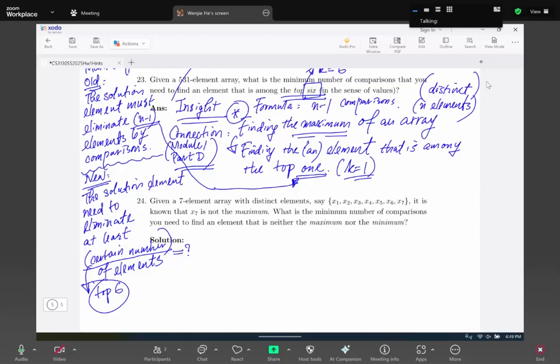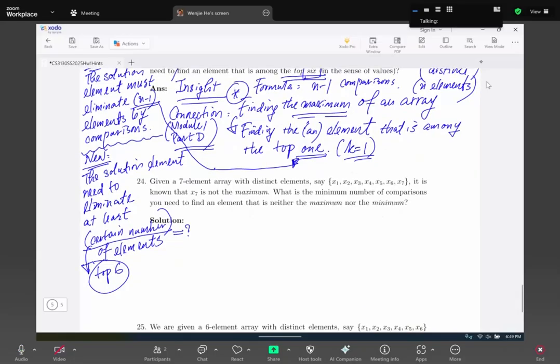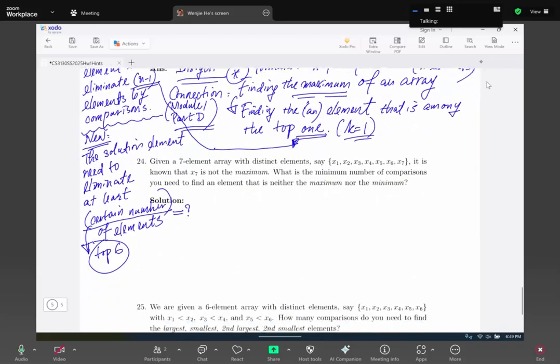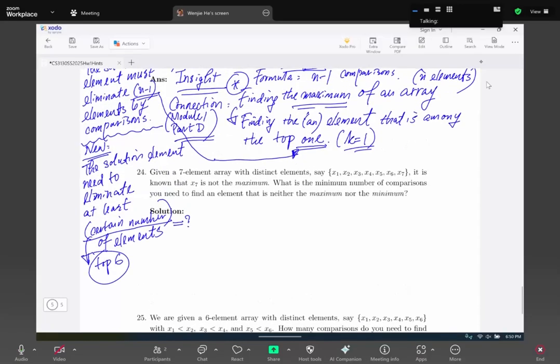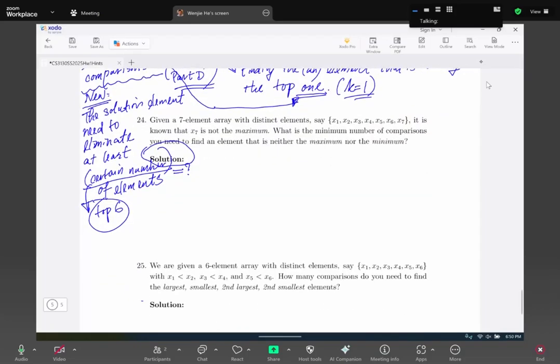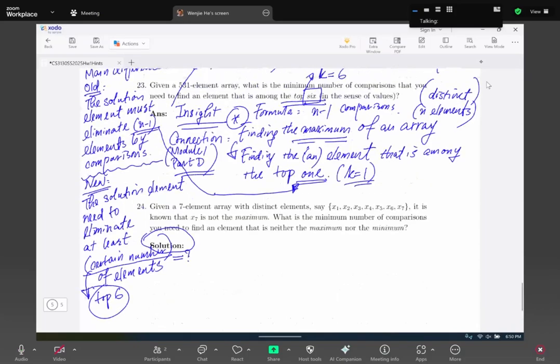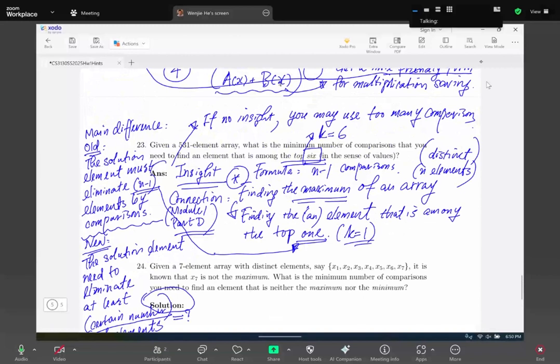Question number 24. So last two questions, there is one special thing you need to pay attention to when you write your solutions. Here, look at the word. I ask you to write solutions. All the previous questions I asked you to write answers.